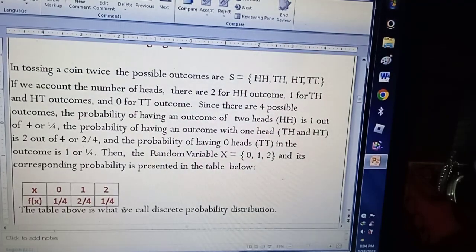So this table is called the table of discrete probability distribution from this experiment of tossing a coin 2 times.